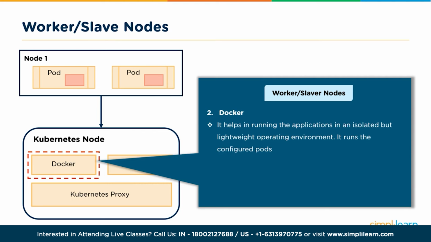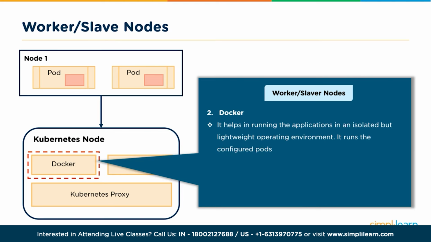The most important component, in my opinion, that should be on the node is the container runtime. As I mentioned earlier, Kubernetes can run different types of containers, not just Docker. So in case you want a node which has Docker running on it, RKT running on it, LXC running on it, or any other container environment, you have to ensure that the specific container runtime environment is available on that specific node, so that whenever a job is submitted, a description of what needs to be run as a part of the pod, what should be the image with which it should be powered, and what kind of a container to spin up.